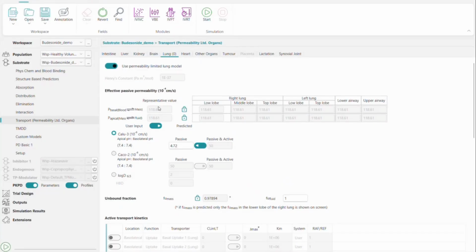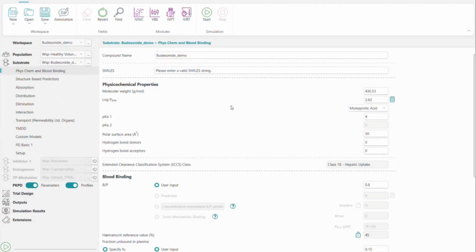The reason for this is that the value that's entered is the effective permeability of the total compound, both unionized and ionized, whereas the permeability in the model is only the unionized compound that crosses the membrane. So to achieve this effective permeability for both unionized and ionized, the value for the unionized permeability has to be much larger.